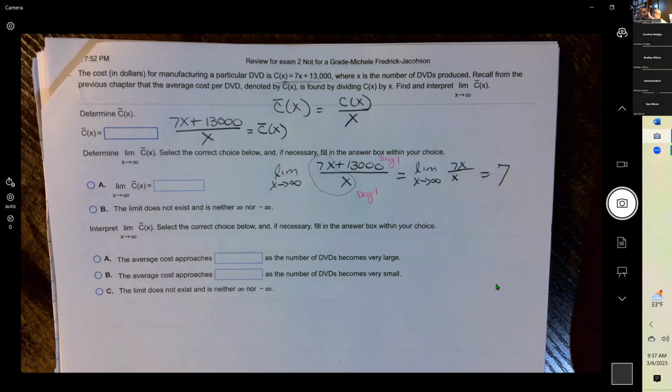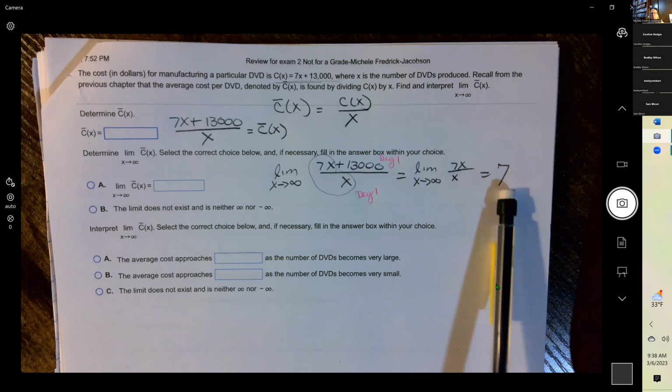The 13,000 is a large number, but when you're talking about 7 times millions, 13,000 isn't much. So it will approach 7.